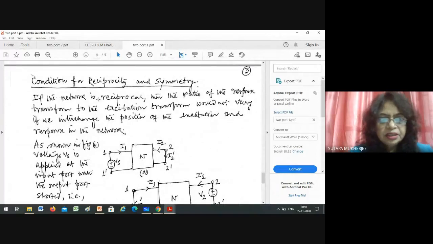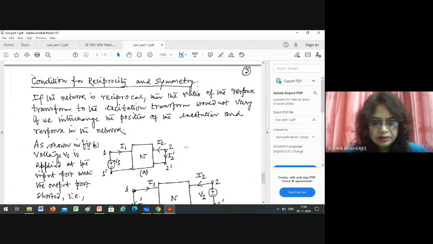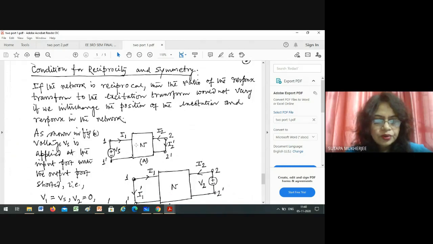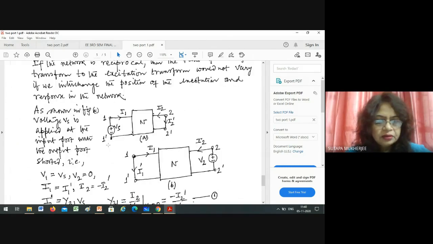This is the condition for reciprocity and symmetry in the case of Z parameters. You have already told me that if the network is reciprocal, then the ratio of the response transform to the excitation transform does not vary if we interchange the positions of the excitation and the response in the network, right? As shown in this figure, a voltage Vs is applied at the input port.